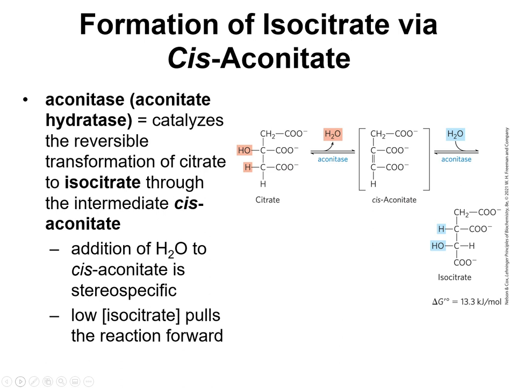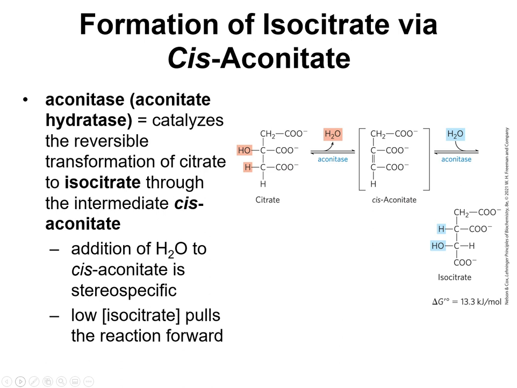This enzyme is very stereospecific, and it will add water to cis-aconitate, and that is why you're making something that is specific, cis-aconitate versus trans. So when you add water and you form that intermediate, you form cis-aconitate, and then you lose water and you rearrange.